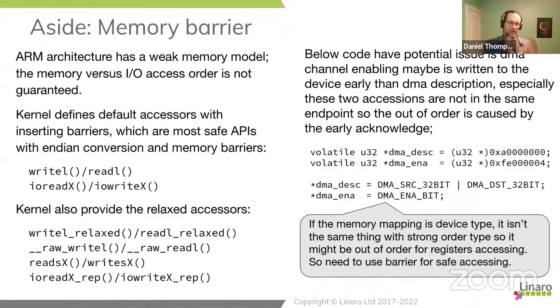So if you're talking to a particular peripheral and you do a write and a read, then it is guaranteed the write happens before the read, for example. However, if you're talking to two physically different peripherals, say, for example, a UART and a DMA controller that is paced by the UART, a write to one peripheral and a read to the other, the ordering is no longer guaranteed. They could happen any which way around.